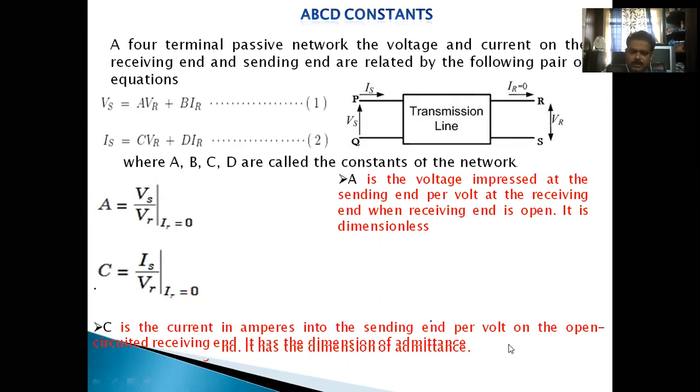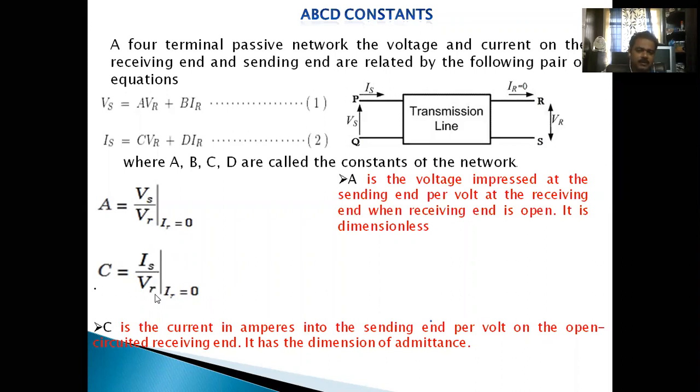About C: C is the current in amperes into the sending end per volt on the open circuited receiving end, and its dimension is admittance. Since it is current by voltage, it is an admittance value, whereas voltage by current becomes impedance.